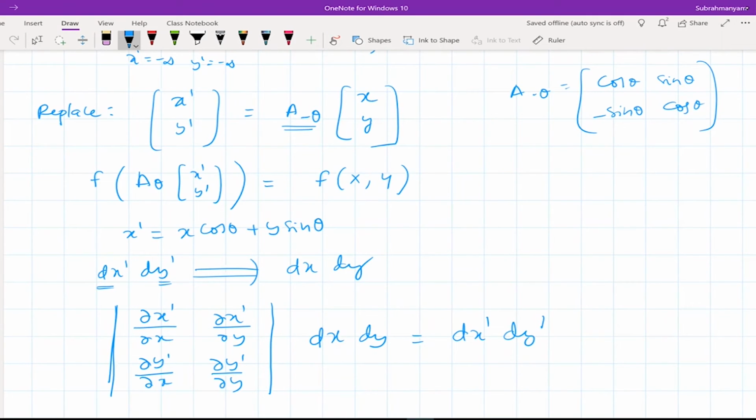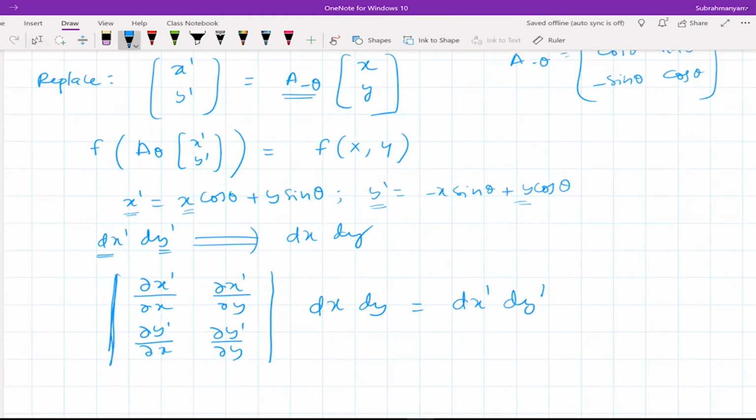When there are two dependent variables, see how things are now. X dash equal to x cos theta plus y sin theta, and y dash equal to minus x sin theta plus y cos theta. Now we want an expression for dx dash dy dash in terms of dx and dy. So when that kind of thing is there, with the Jacobian, where you are taking derivatives with respect to x and y, then you multiply with dx dy, that would give you dx dash dy dash.